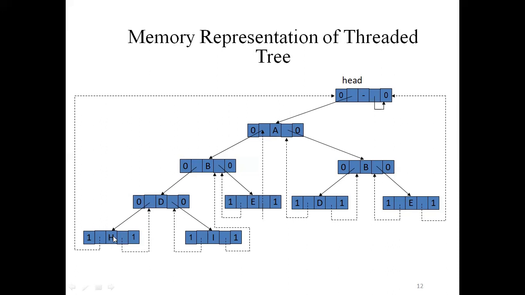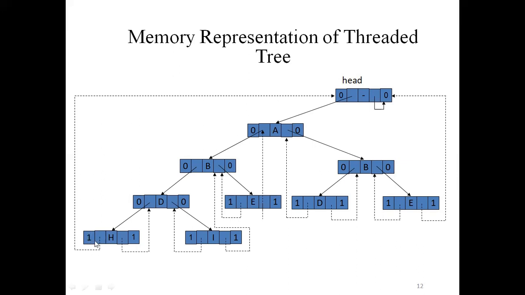Now node H doesn't have left and right child. So that means it is a thread node. Now it is not a node which is holding its child data or child address. So it will not act as a normal node. Now it will act as a thread field or a thread node.